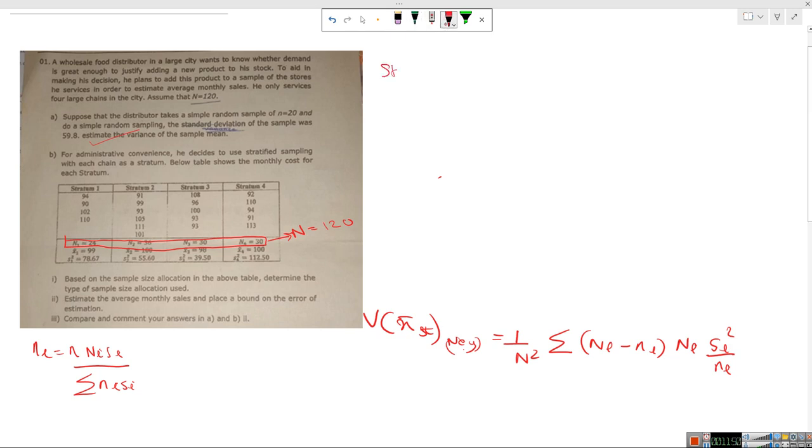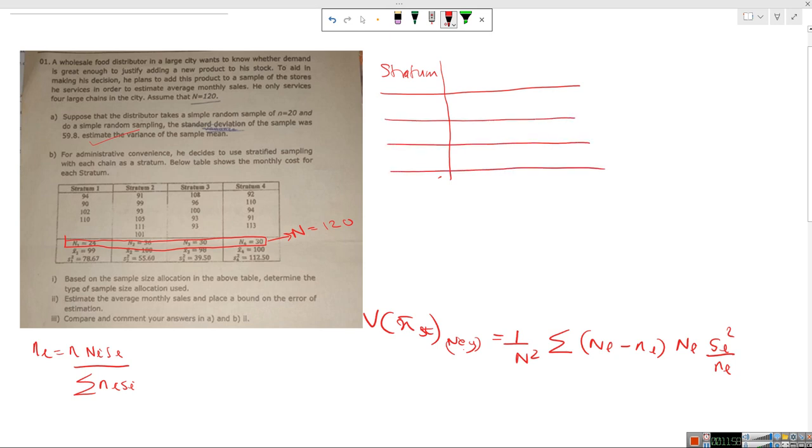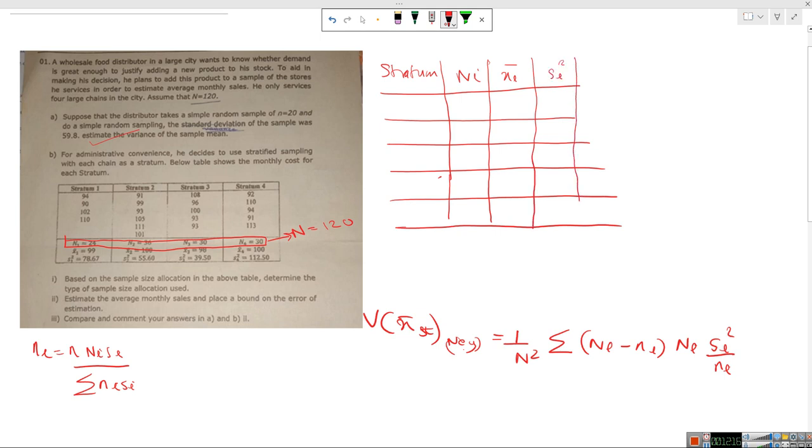So now we will write stratum. The given values are, we have 4 strata, 1, 2, 3, 4, and for the total also we will make another row. So now this is Ni, this is Xi bar, and this is Si squared.